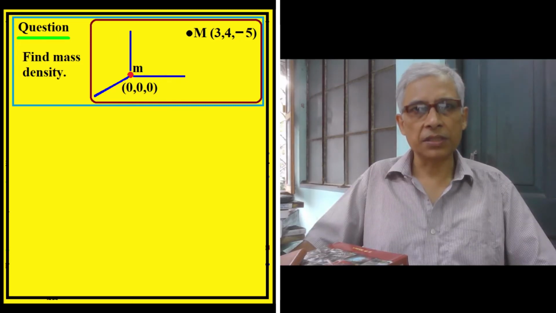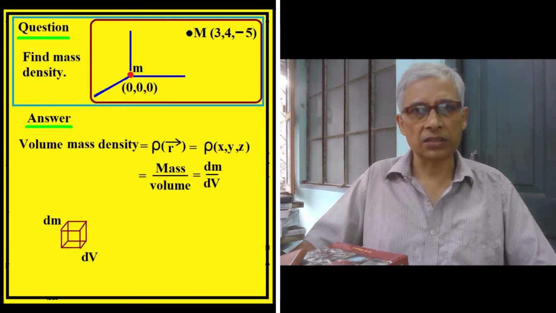We are to determine the volume density of mass. First, let us designate the symbol rho to represent the volume density of mass and define it to be the mass divided by the volume which the mass occupies.